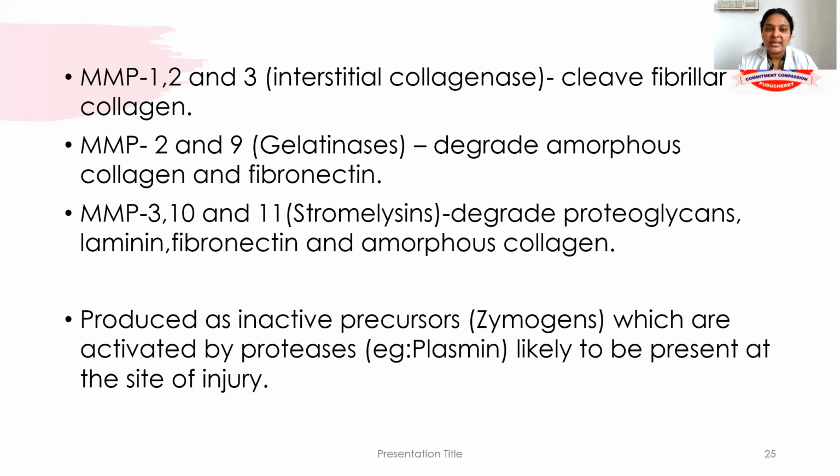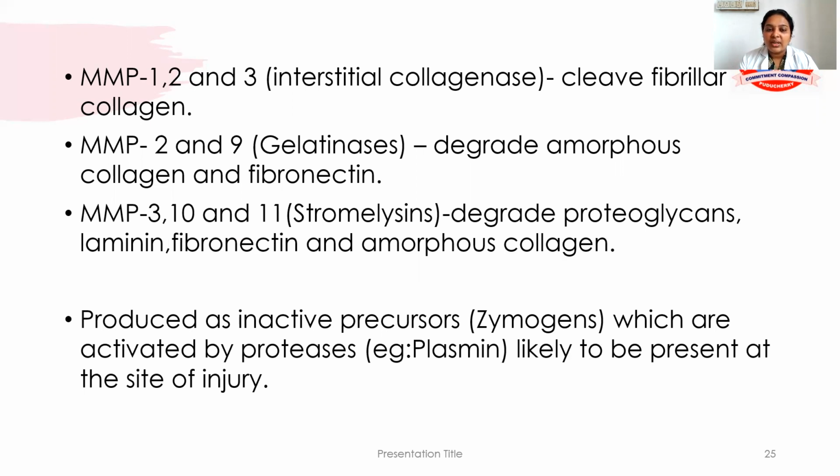Matrix metalloproteinases 3, 10, and 11, otherwise called stromelysins, degrade the proteoglycans, laminin, fibronectin, and amorphous collagen. Generally, these matrix metalloproteinases are produced as inactive precursors in the form of zymogens.